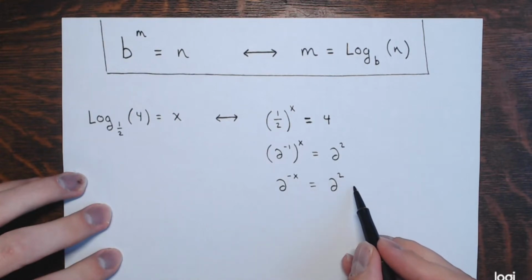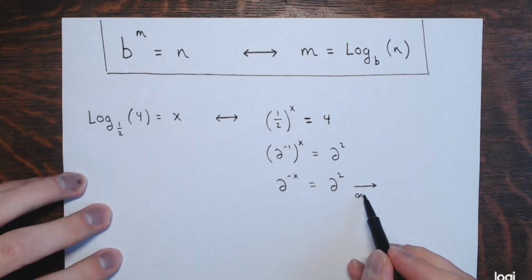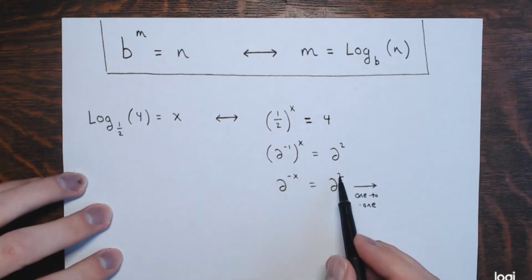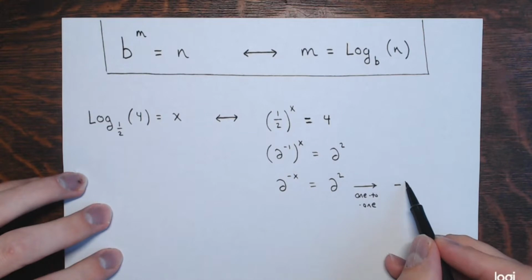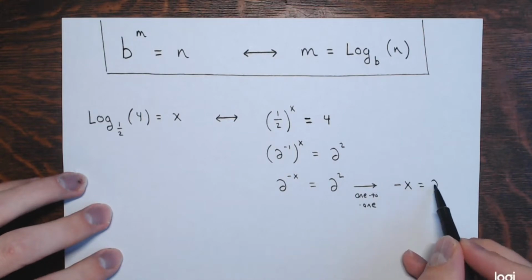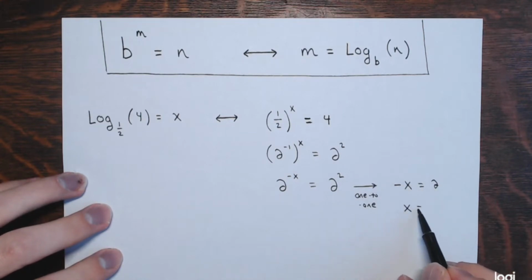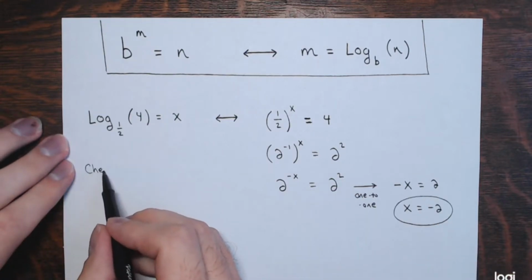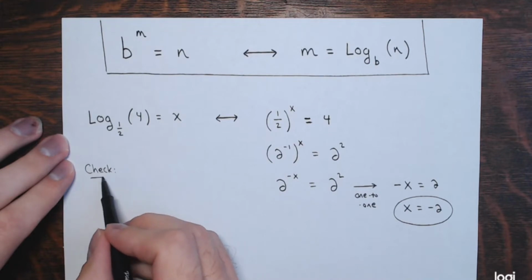Now I can apply that 1-to-1 property. If two expressions with the same base are equal, their exponents must be equal. So negative x must be equal to positive 2, meaning that x must be equal to negative 2. Let's check that negative 2 is the correct response.